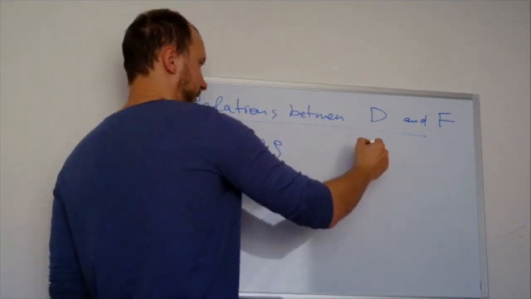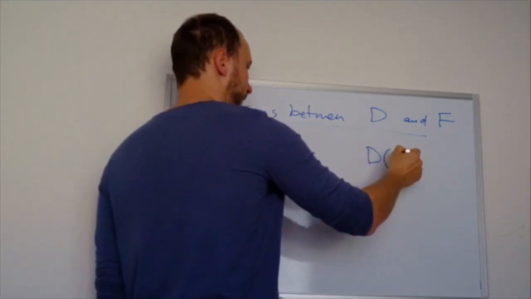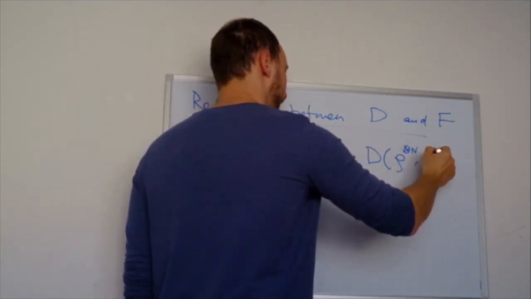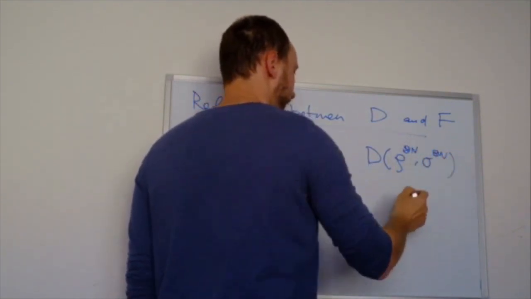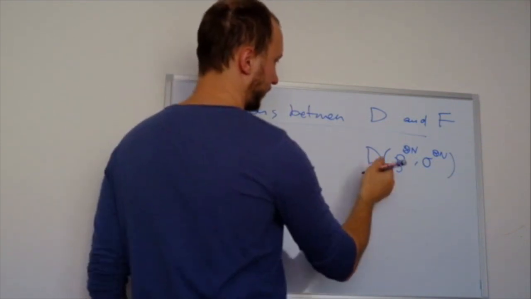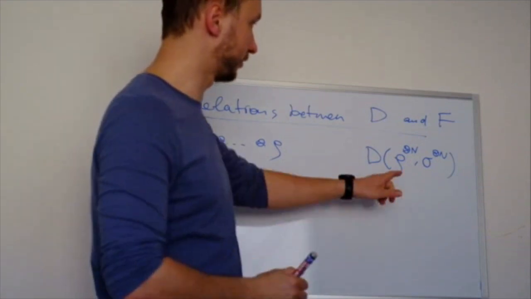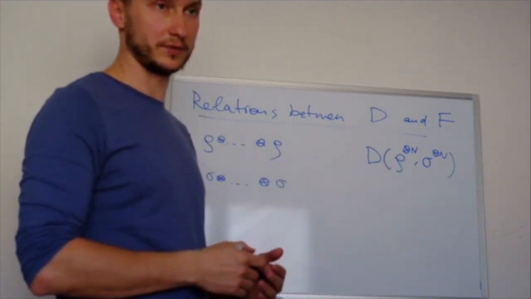Then the trace distance between this big state with many copies I can bound in one direction or the other with the fidelity of the state with many copies, which is just a product of the fidelities.